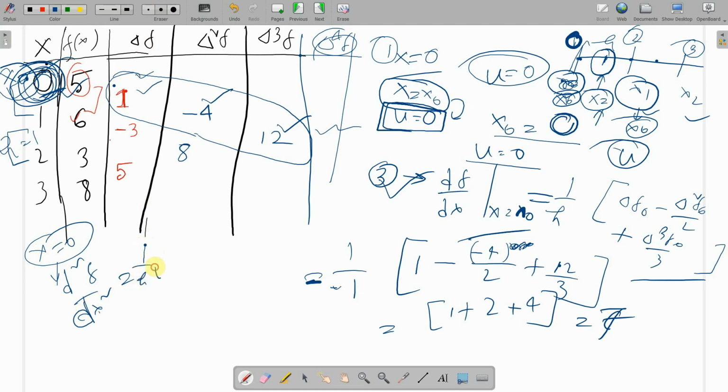That equation is 1/h square times del square f0, and you will carry it up to del cube f. By doing so, what value will you have?